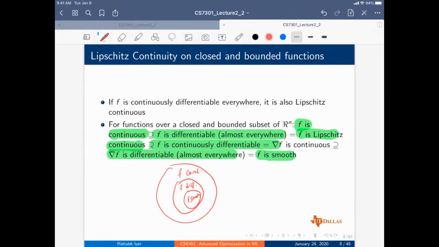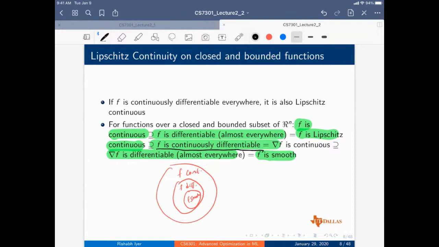Yes, so f being differentiable everywhere is a subset of f being differentiable almost everywhere, right? So Lipschitz continuity just means that f is differentiable almost everywhere, and f being differentiable everywhere is also called f being continuously differentiable. Okay, I think my confusion's, yeah, okay. Right.